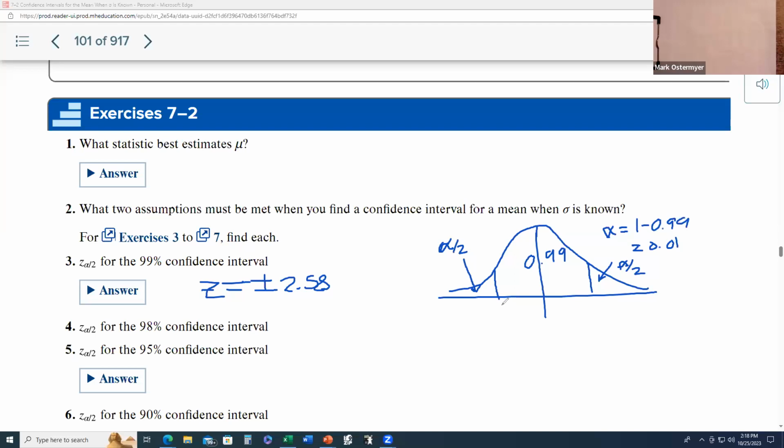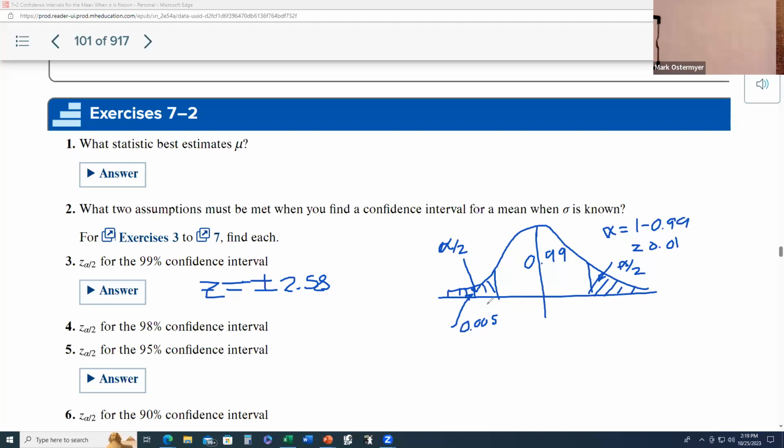That's going to be an area of 0.005. That's this area, 0.005. That's also going to be the upper tail area, 0.005. Together, 0.005 plus 0.005 plus 0.99 is going to be 1, which is the area underneath the entire curve.